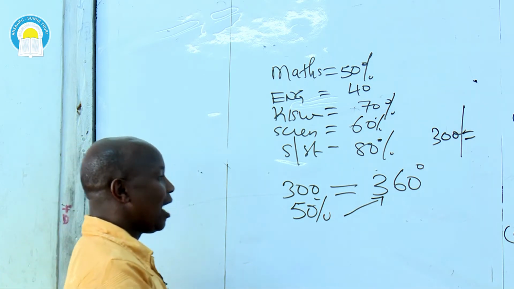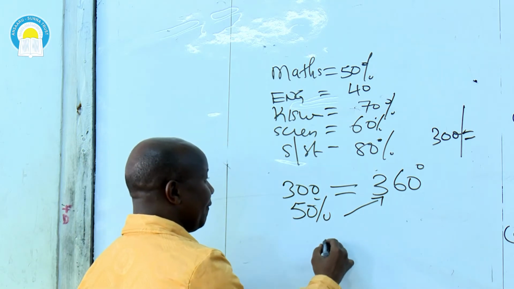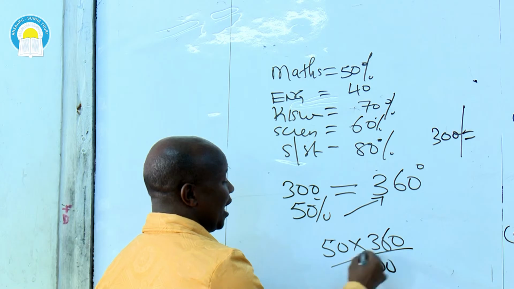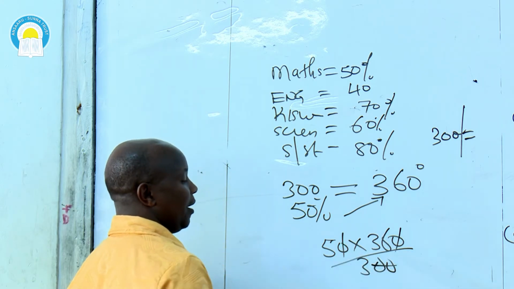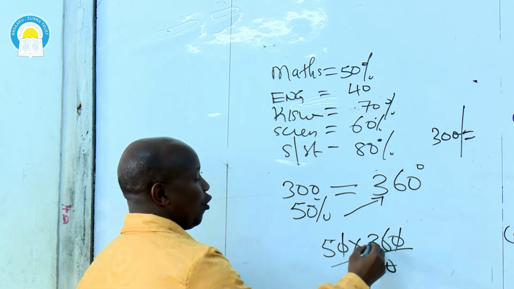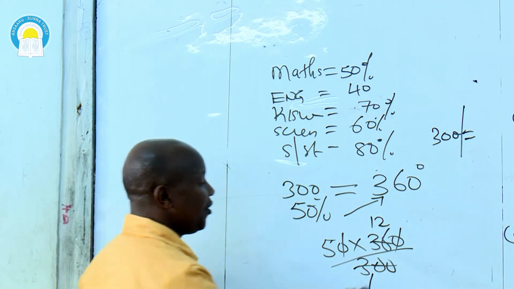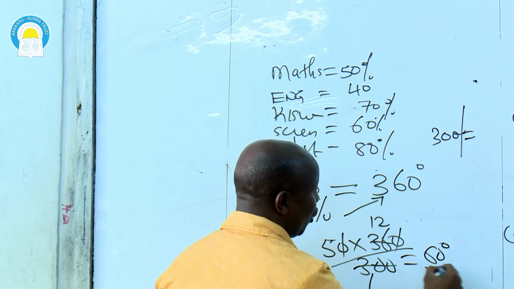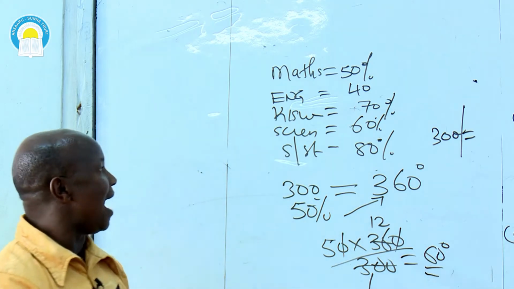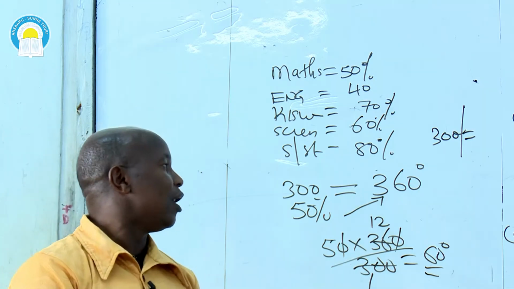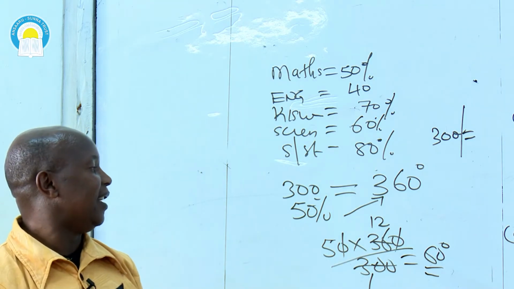Now, in my case here, again, you cross multiply. You say 50 multiplied by 360 over 300. 2 zeros will go. Then, by 3, 1 will go only 12 times. 12 multiplied by 5 is 60 degrees. So, class, the angle represented by mathematics in a pie chart will be only 60 degrees.